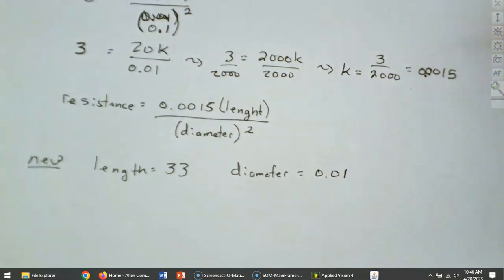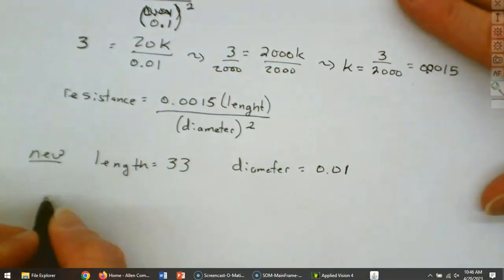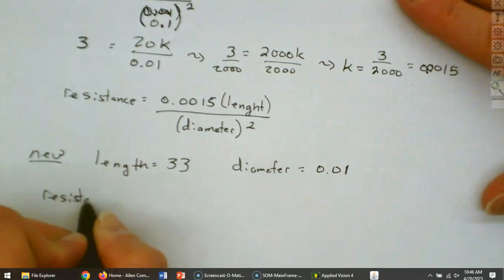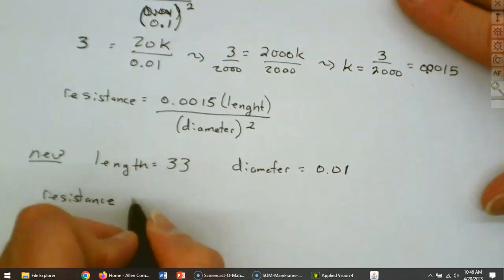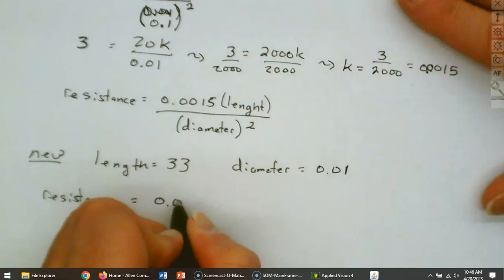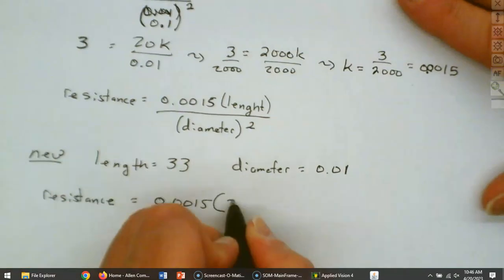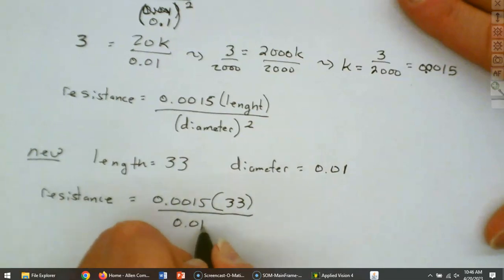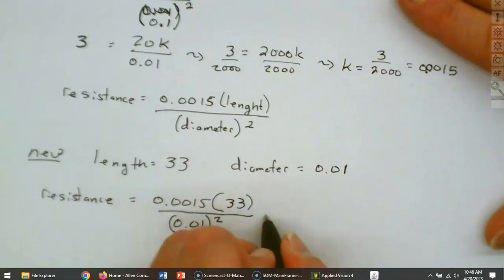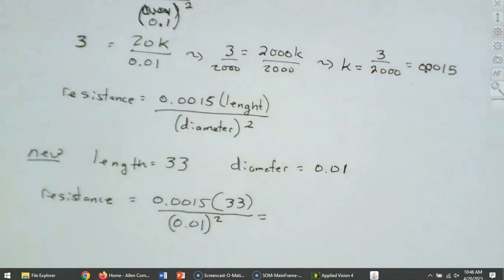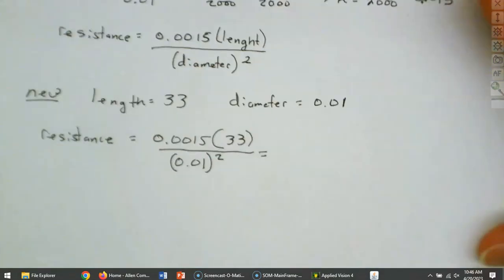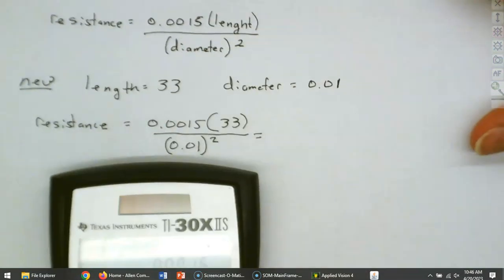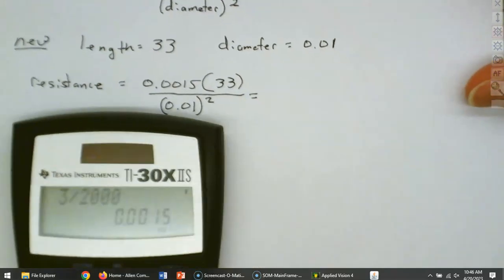So, plugging our values in. Resistance is 0.0015 times that 33 over 0.01 quantity squared. You could do it in your calculator in one step, or you can write it out. I'll probably just quickly write it out.